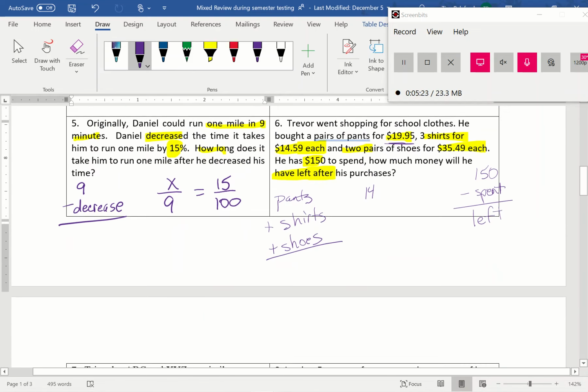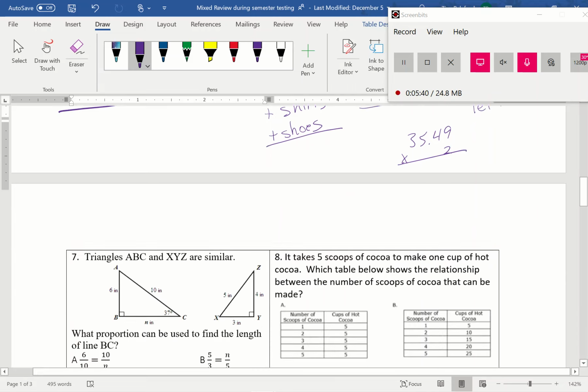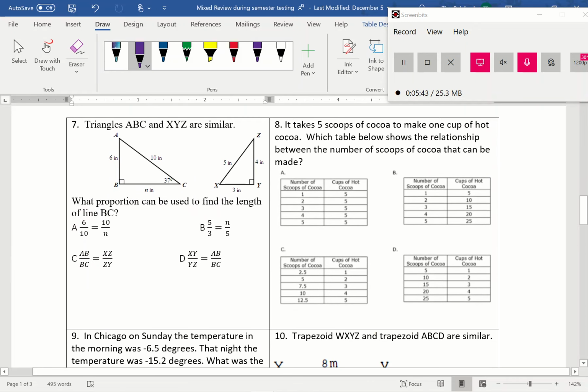Shirts are $14.59, and there were 3 of them. Shoes were $35.49, and there were 2 of them. So it's a couple multiplication, an addition, and a subtraction. A lot of steps.